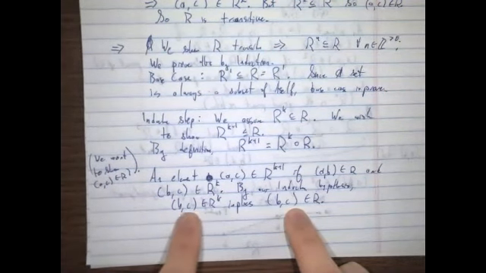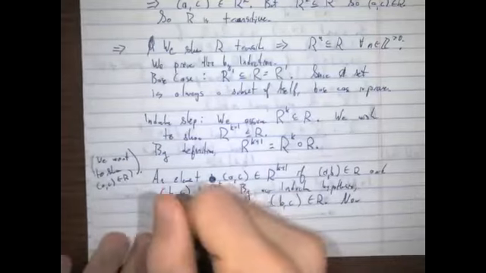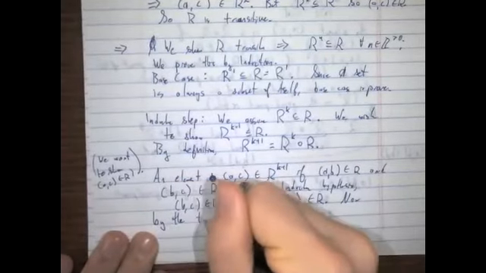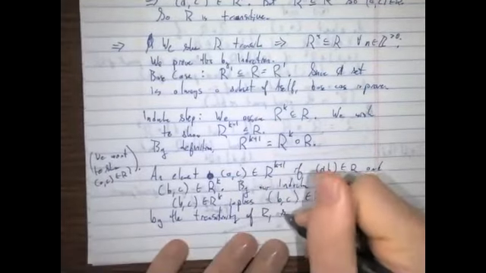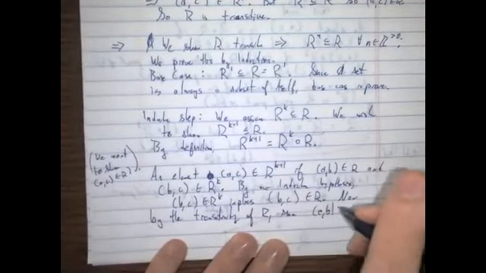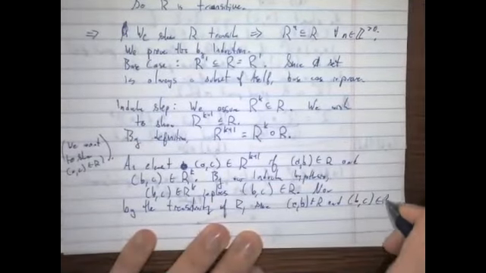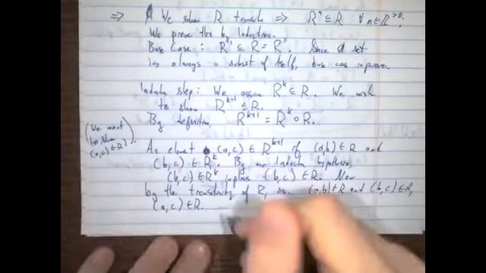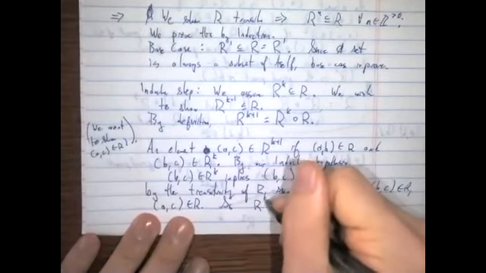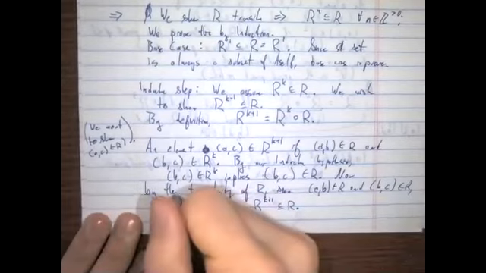Our inductive hypothesis led us to be able to say that this (b, c) in R^k was actually in R. Now, by the transitivity of R, since (a, b) is in R and (b, c) is in R, (a, c) is in R. So R^(k+1) is a subset of R. This completes the induction.